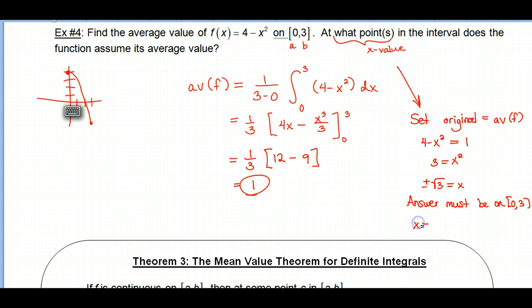That means x has to be just positive root 3, not the negative. Sometimes you want the negative; which answer you want depends on the original domain given. So you just have to go back and make sure.